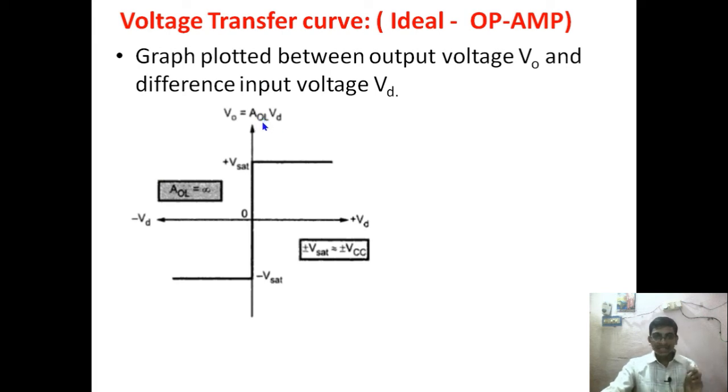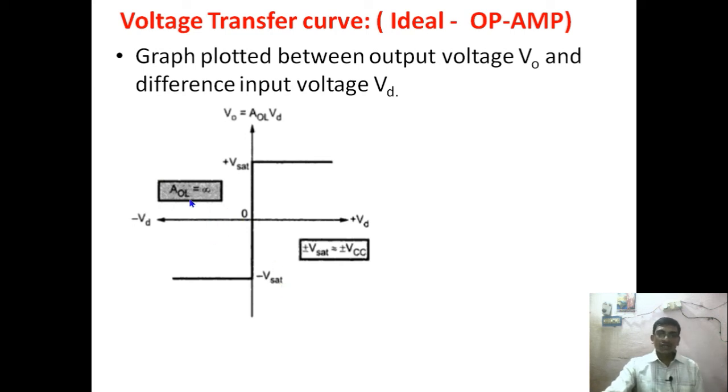And plus VSAT and minus VSAT are the maximum voltages that can be given by the operational amplifier. On the positive side it is plus V saturation, on the negative side it is minus V saturation.